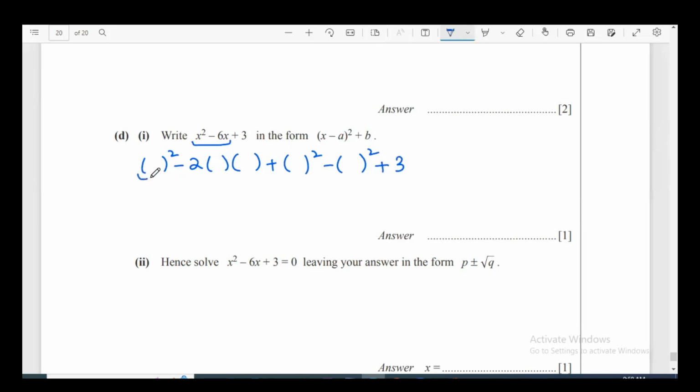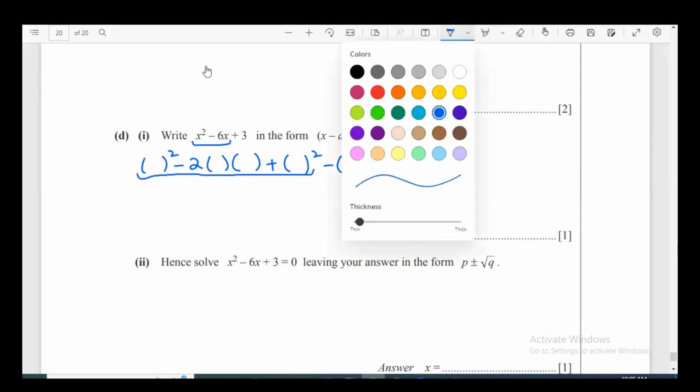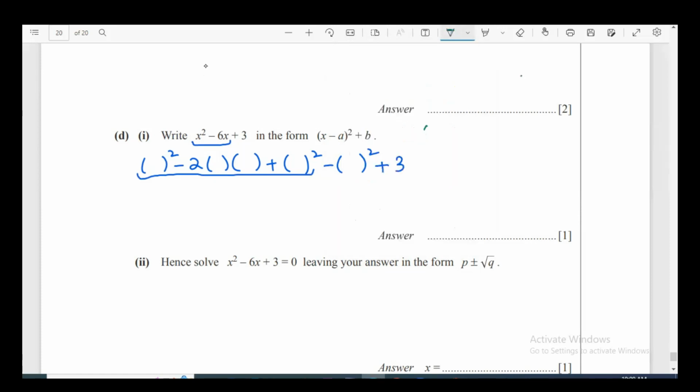Now, a square minus 2ab plus b square is an identity. So recall identity a square minus 2ab plus b square, which is equal to a minus b whole square. So a is x here, b is unknown.